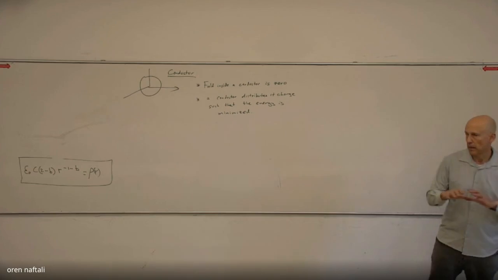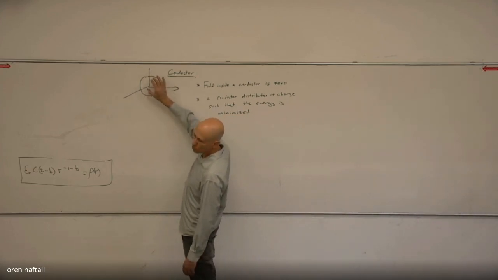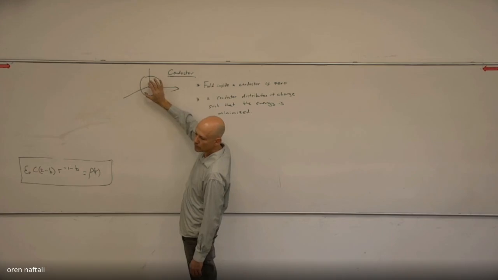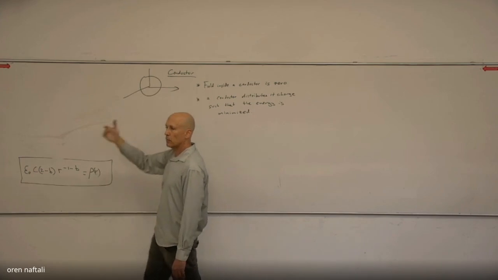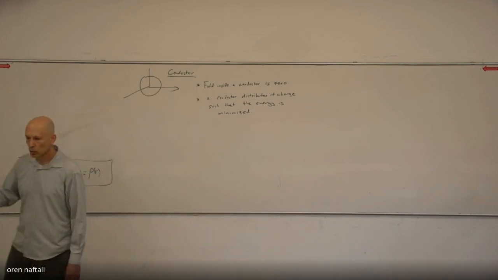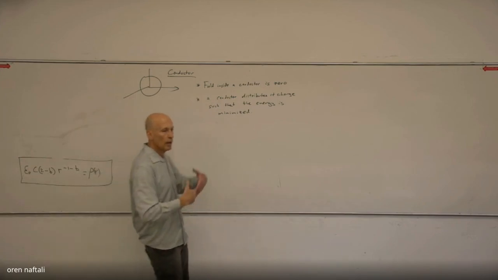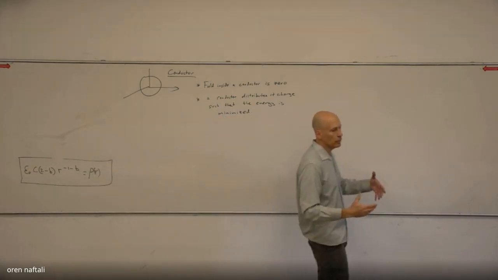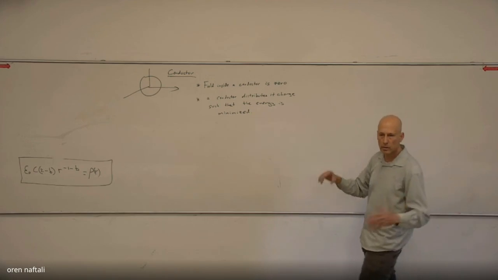So let's say I start with this charge and it's not in equilibrium. At the beginning, given some initial charge, there will be some current for some time, but then you will lose energy. You lose energy as long as you have current because of collisions, because of Ohm's law. And eventually you will have no current because you reach equilibrium, because you lose your energy to heat that is dissipated.